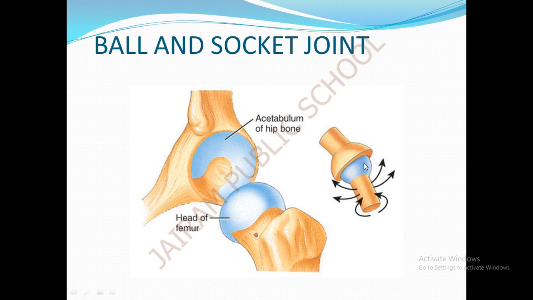The ball-shaped end of one bone is fixed to the socket-shaped end of the other bone, so this bone is able to move. This is an example of a ball and socket joint. It is like a cup-shaped structure and a ball-shaped structure. The best examples of the ball and socket joint are the hip and the shoulder joints.